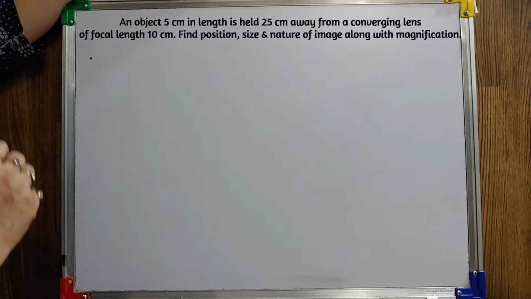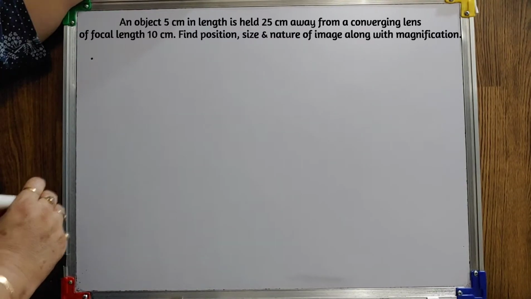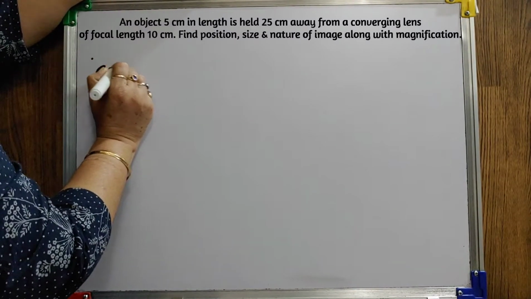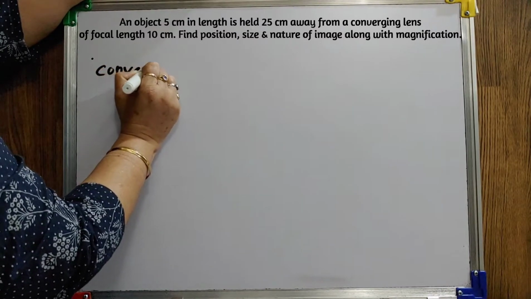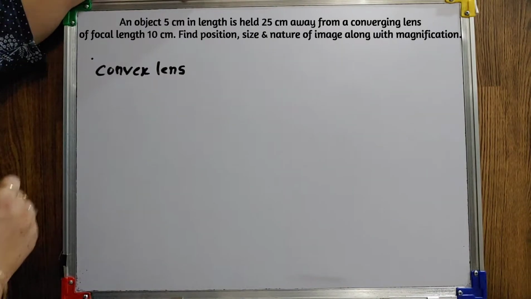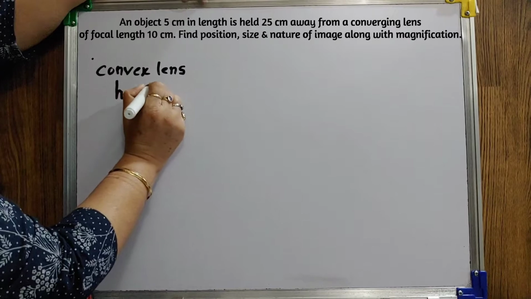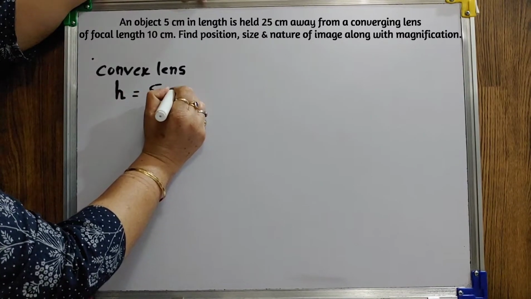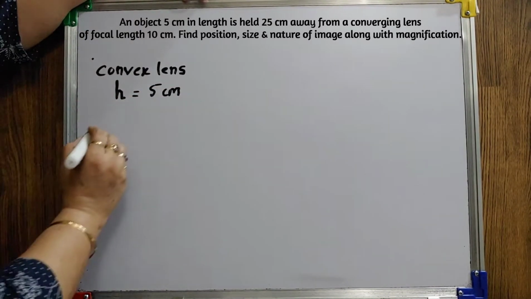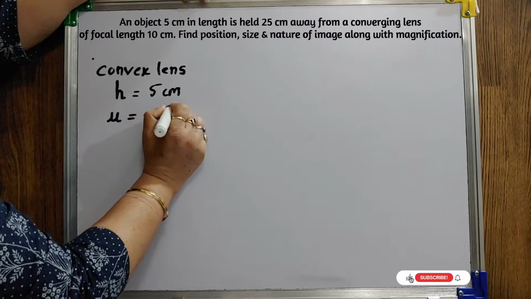An object 5 cm in length is held 25 cm away from a converging lens. Converging lens means it is a convex lens. First of all, an object 5 cm in length, so h is 5 cm. It is held 25 cm away from the lens, so u is minus 25.